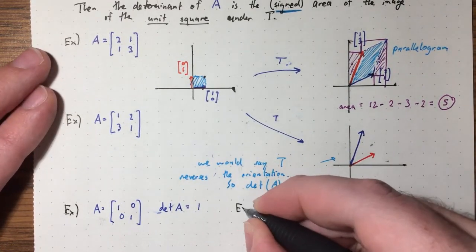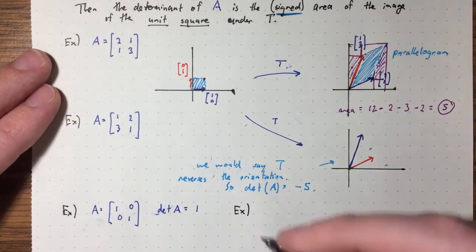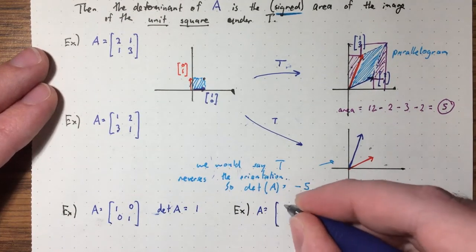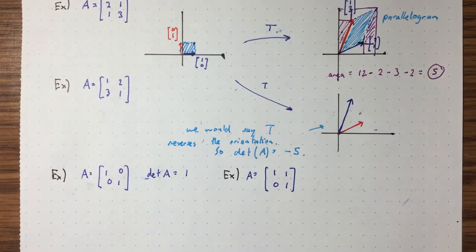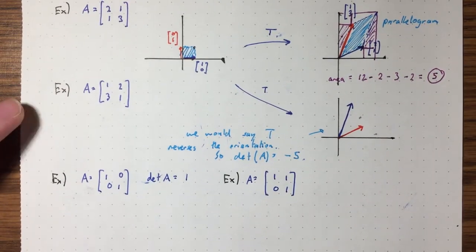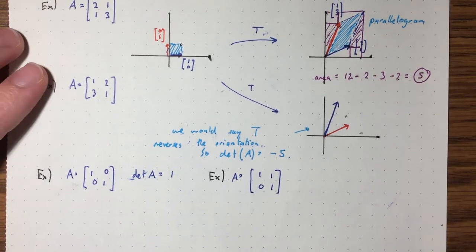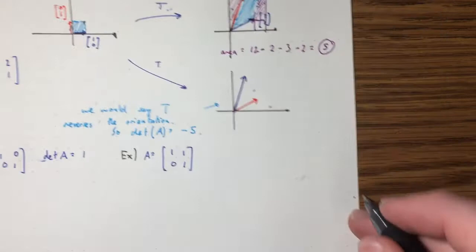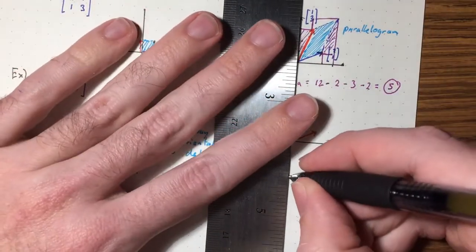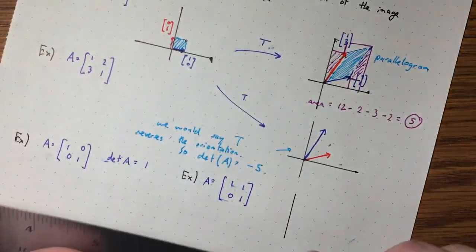Let's do another example. What if I have this one? 1, 0, 1, 1. What is the determinant of this one? Well, let's draw a picture really quick. This is actually a pretty important transformation. This is called a shear.